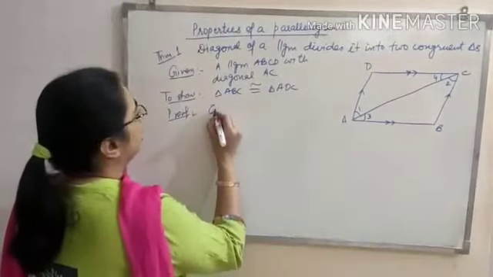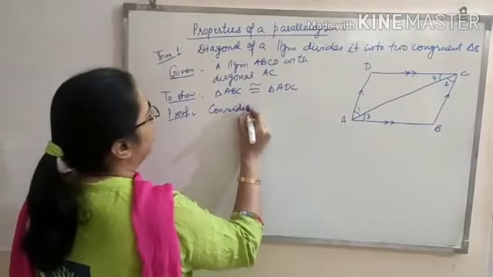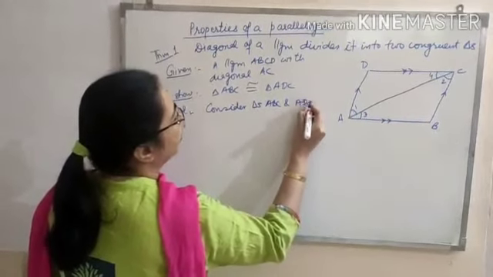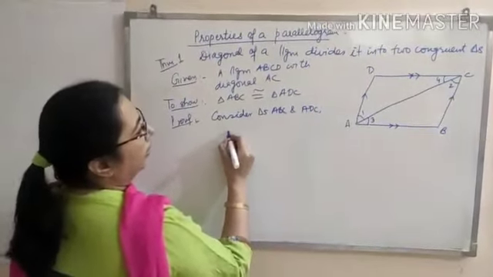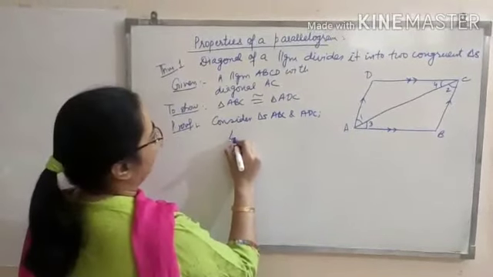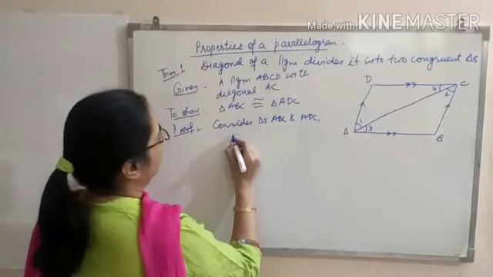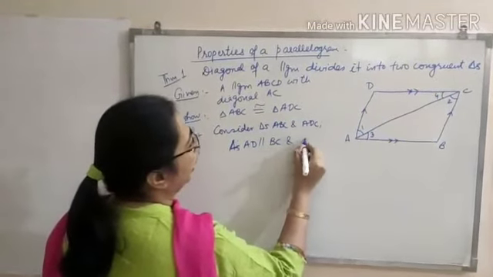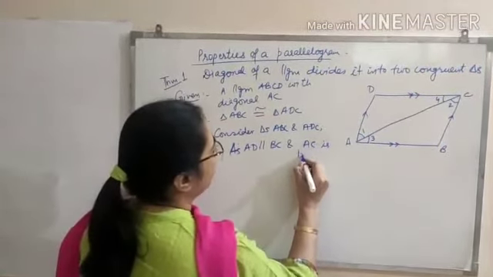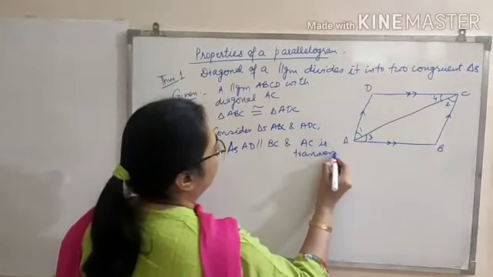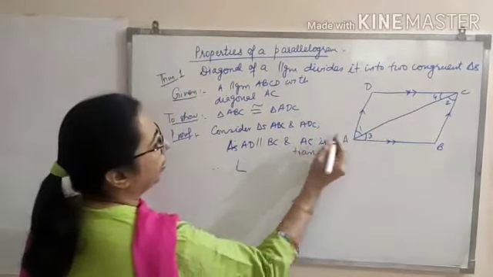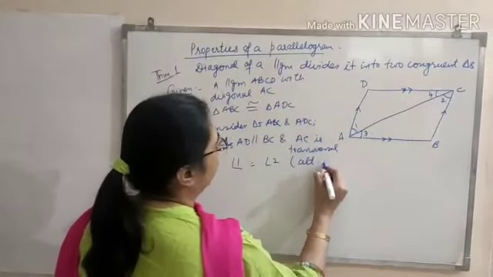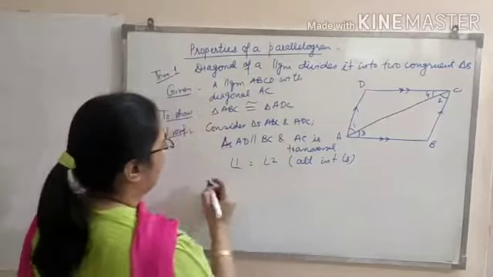So consider triangles ABC and ADC. As AD is parallel to BC and AC is the transversal, therefore angle 1 is equal to angle 2, alternate interior angles.